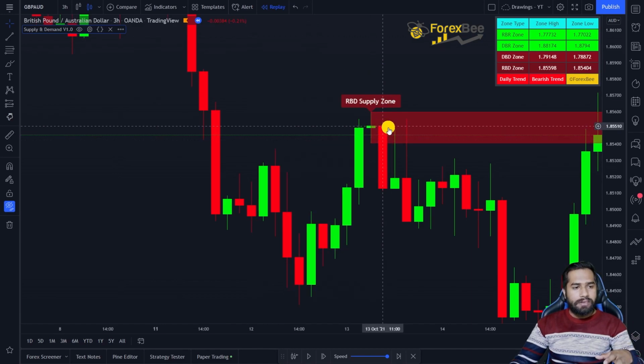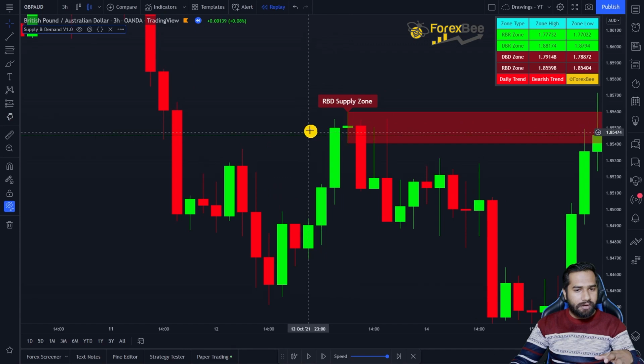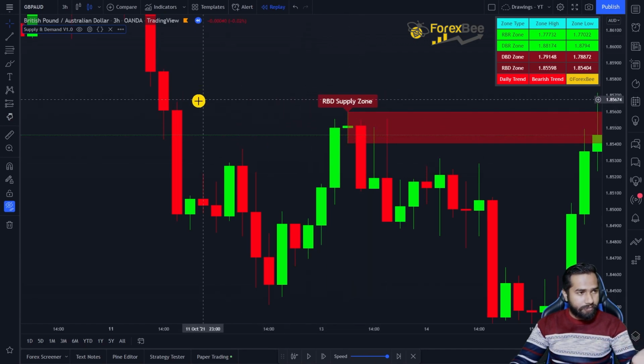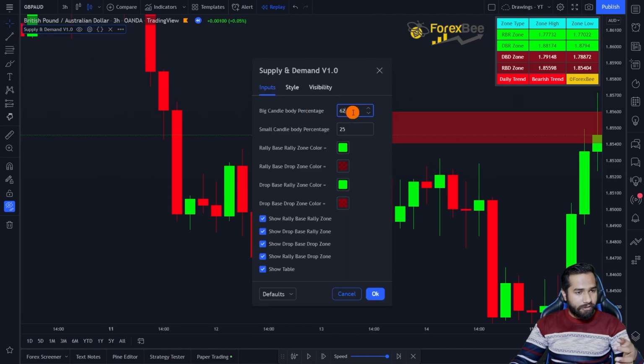Here you can see the body of this candle is less than 25%. By specifying these values, you can draw unlimited supply and demand zones, and the indicator will show you the past supply and demand zones, and also draw the real-time supply and demand zones on your charts.